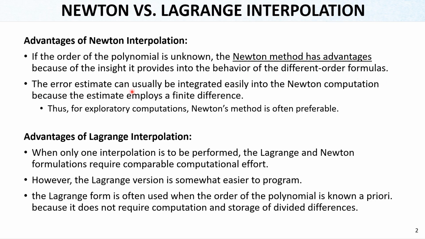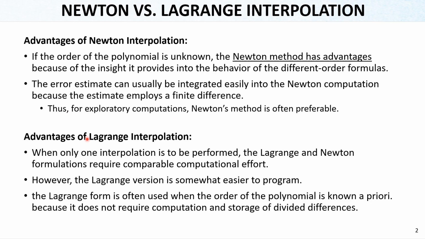And the error estimate can usually be integrated easily into the Newton computation because the estimate employs a finite difference. So because it is using finite difference as an estimation of the derivative, it has a better approximation of error with the error function that we mentioned in the previous slide. And therefore, for exploratory computations, Newton's method is often preferable.